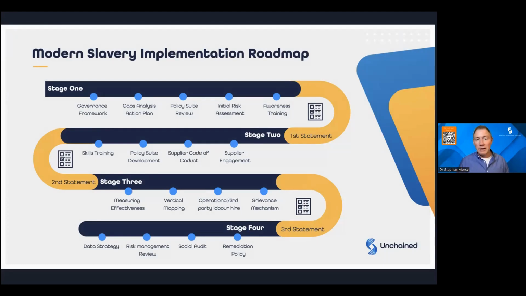Here we have a sample implementation roadmap. What we recommend to our corporate clients is to think through what they could be doing in year 1, year 2, year 3, and year 4 to build out the risk management framework, recognizing that they've got other work to do and other impact areas to consider.